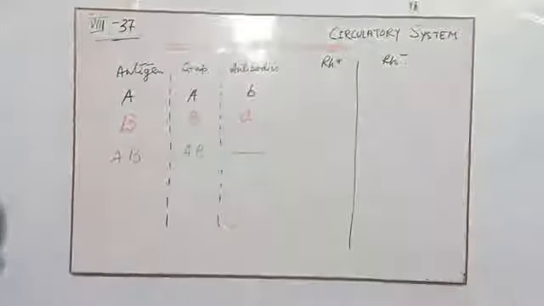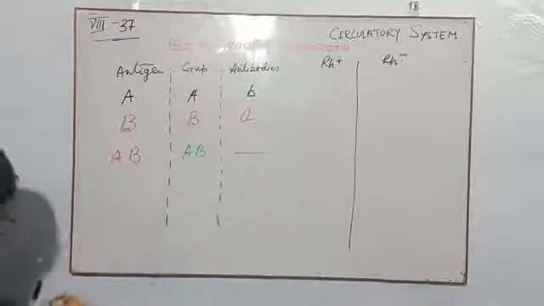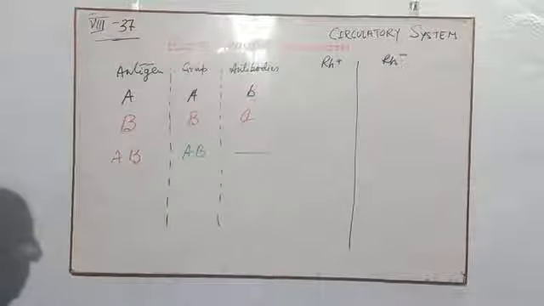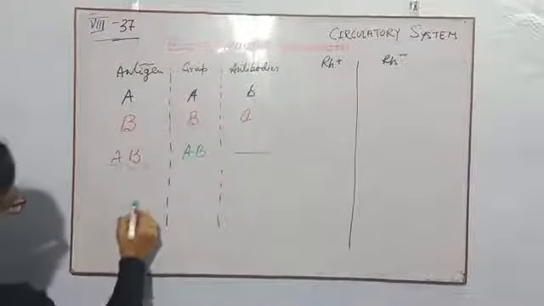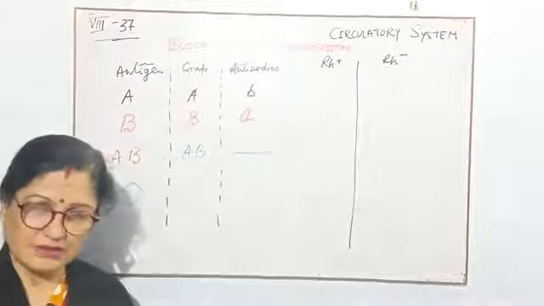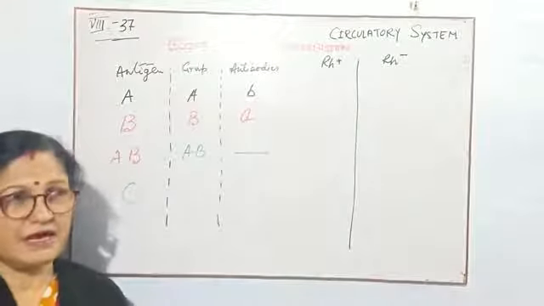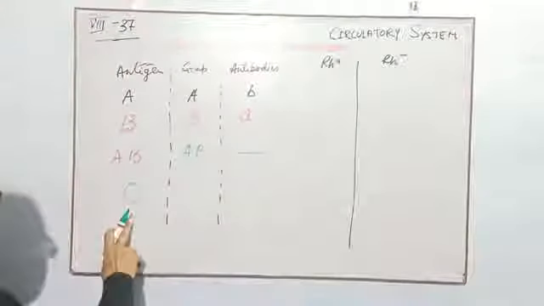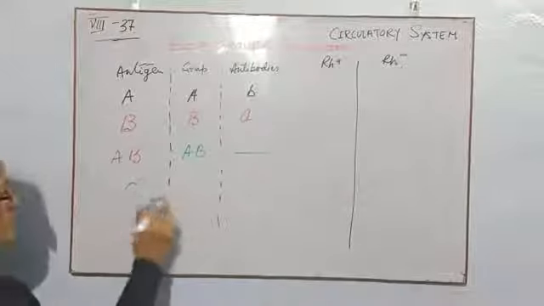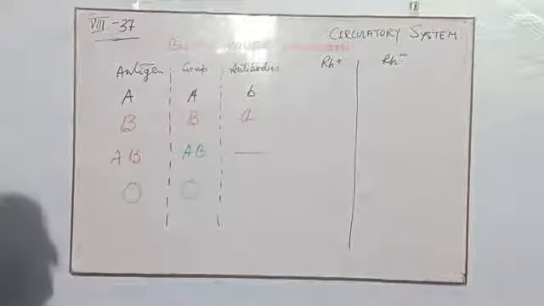Again children, if there is no antigen, that is nil, on our RBC, then our blood group will be 0.